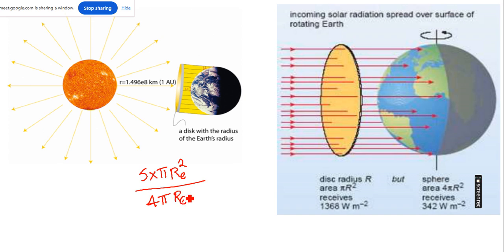And this radiation is distributed over the whole Earth's surface. So in order to find the total amount of solar radiation received per unit area over the surface of the Earth, we again have to divide it by 4 pi Re square.